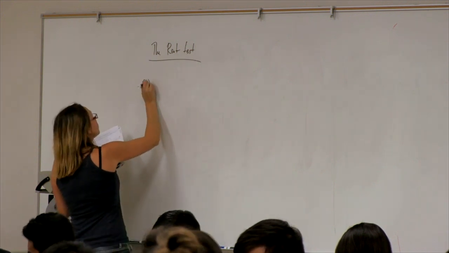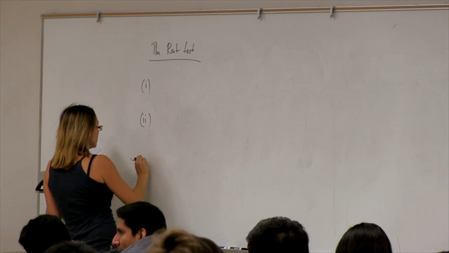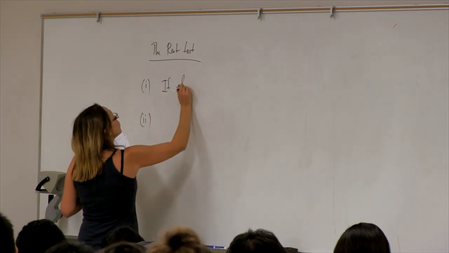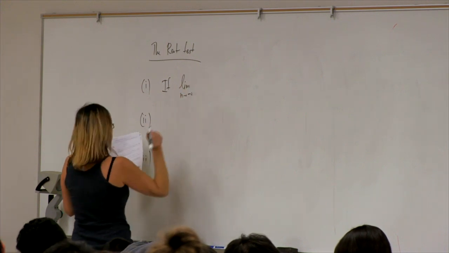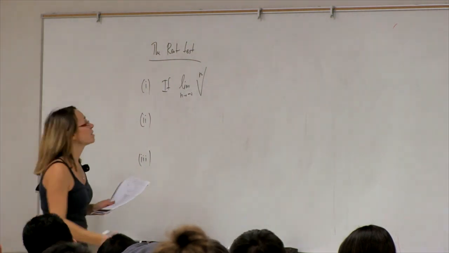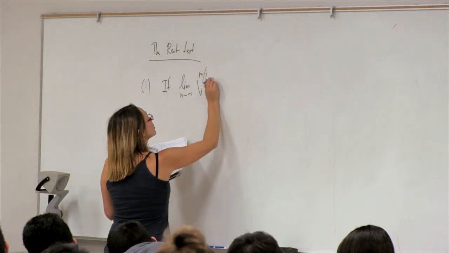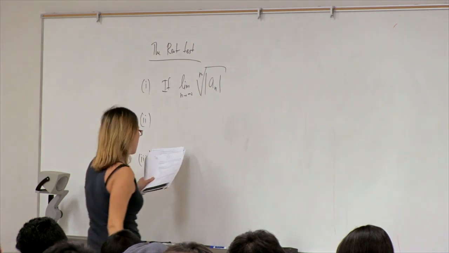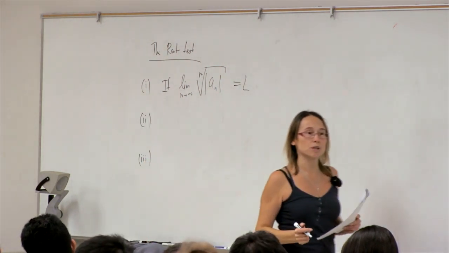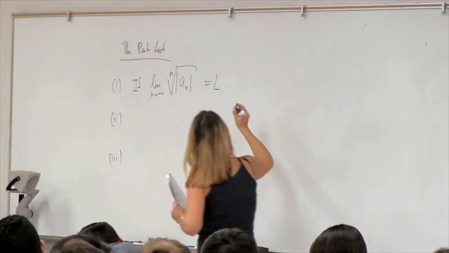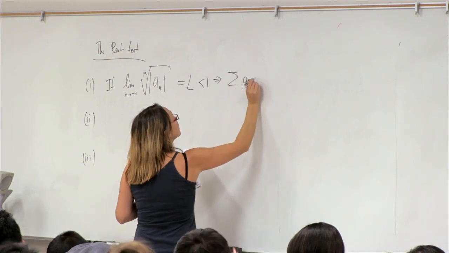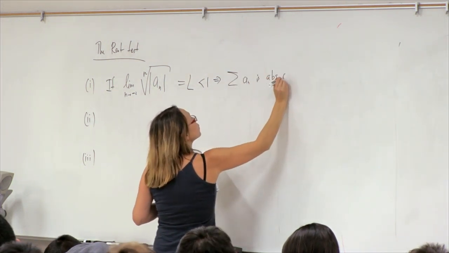So again, 1, 2, and 3. So on the left, we have a limit as n goes to infinity of the root of nth degree of the absolute value of an. Okay. Again, we call that L. And we compare this quantity with 1. So all the rest is the same. So if this is less than 1, then an is absolutely convergent.